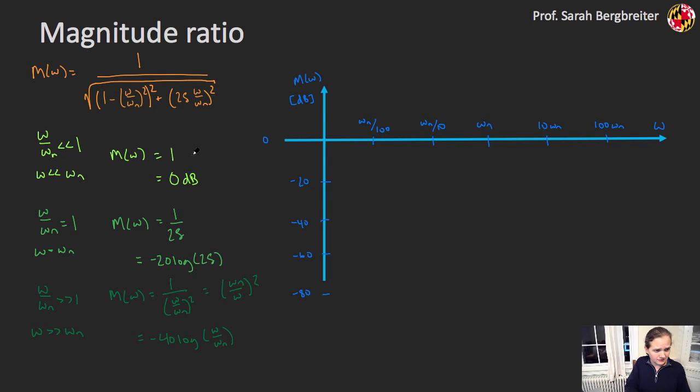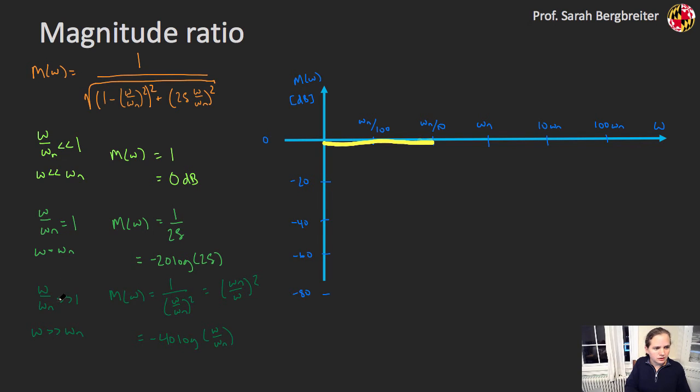And what this says is that at the low input frequencies to my sensor, I don't get any kind of change, basically. My magnitude ratio is just 1. So that's saying basically at this point right here, omega n over 10 and below, I'm at 0 dB. I'm doing this axis in terms of dB.